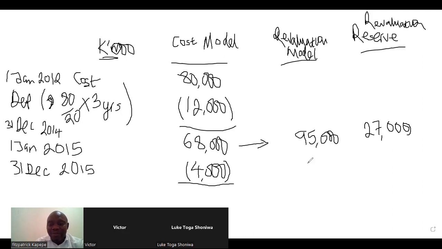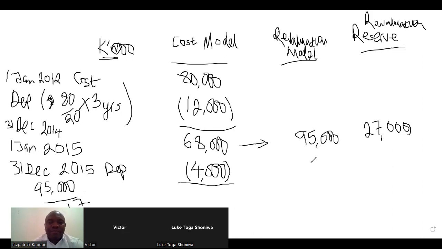So on this side, you have revalued to 95 million. But in revaluing it, the lifespan you are now using is 17 years for your depreciation.